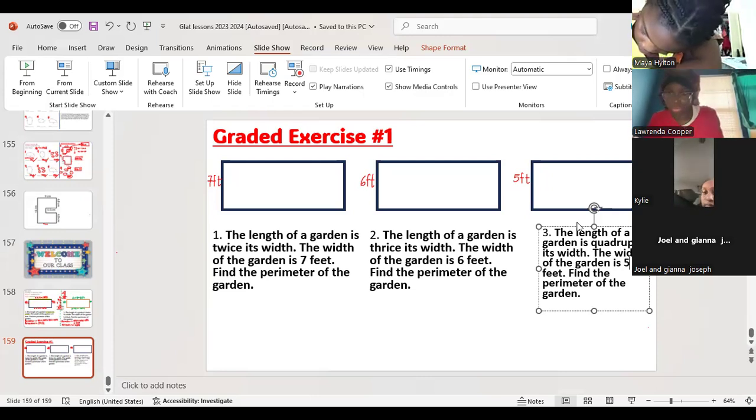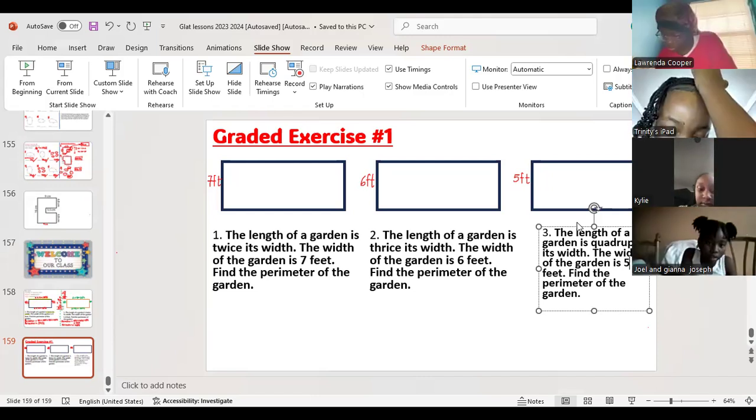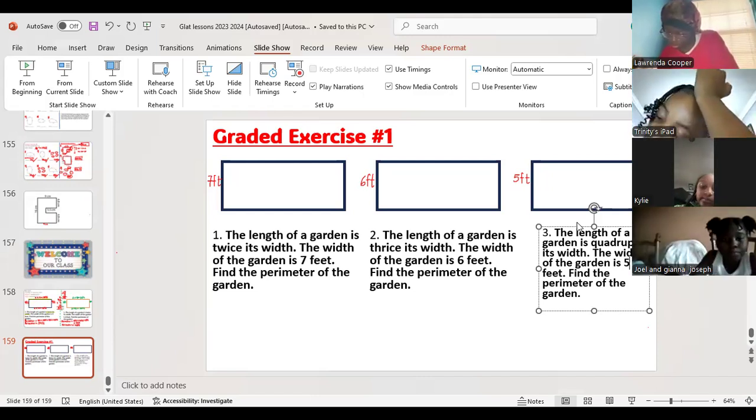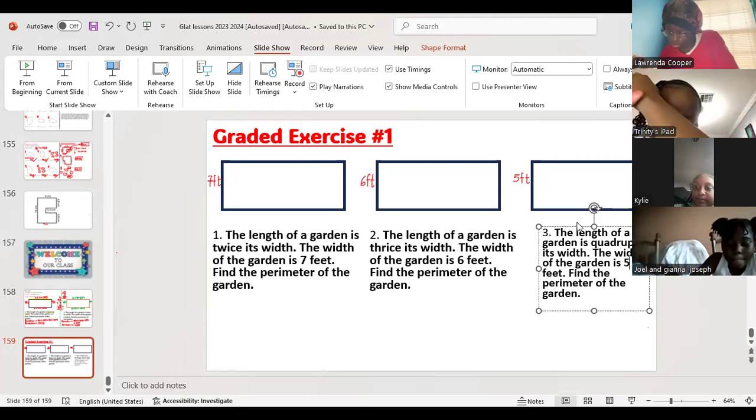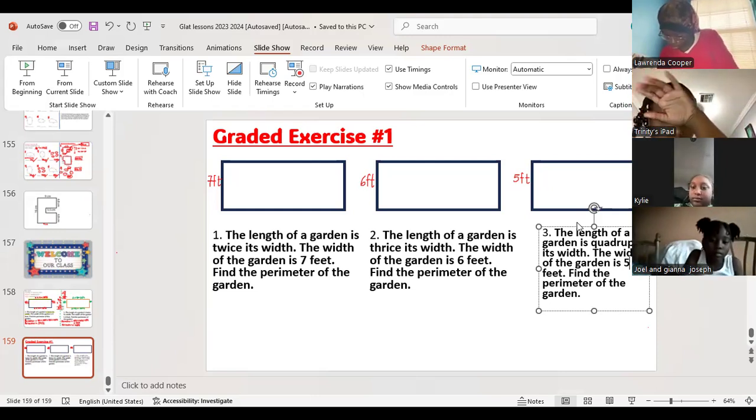Kylie, what number are you on? Number 2. Number 2. Perfect. And Brayden, do you understand what you're doing? Yes, sir. Good.